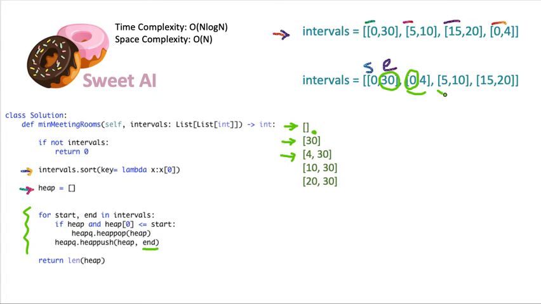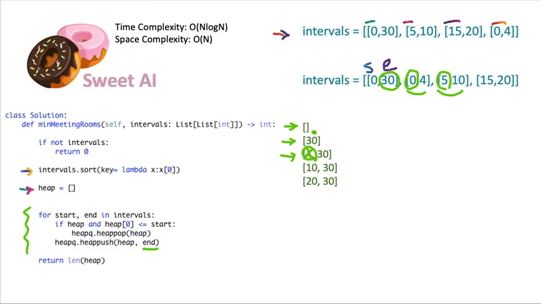So we go for the third item. We check if the heap is not empty, and it's not, and the value at heap[0], which is 4, is smaller than the start value we have, and it is. It means this meeting is done and then this meeting will start.